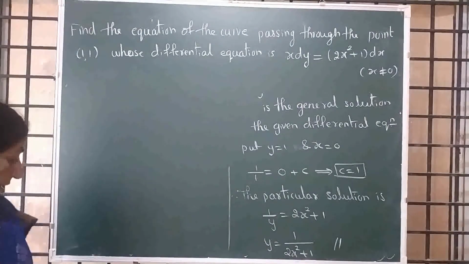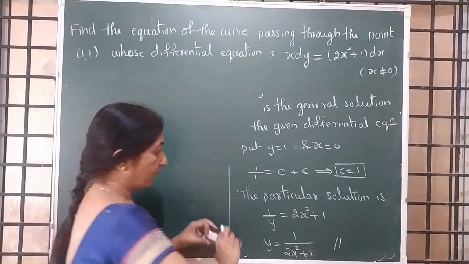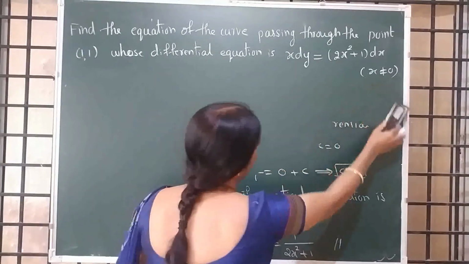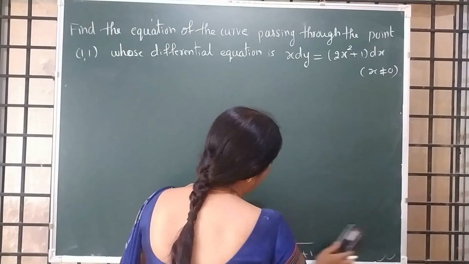We have to find the curve which is passing through the point 1, 1 with the help of that differential equation. You understood the problem or what? We have to find the equation of the curve passing through 1, 1 and we are given the differential equation.